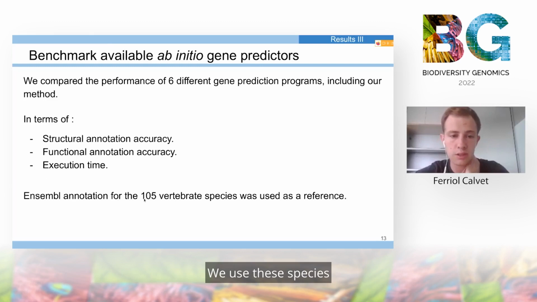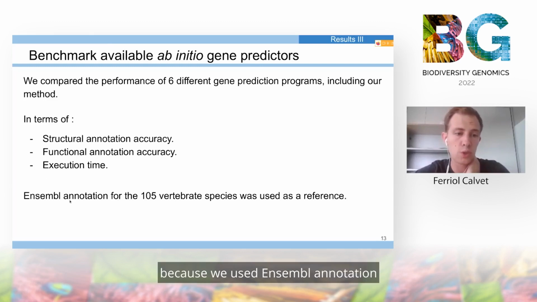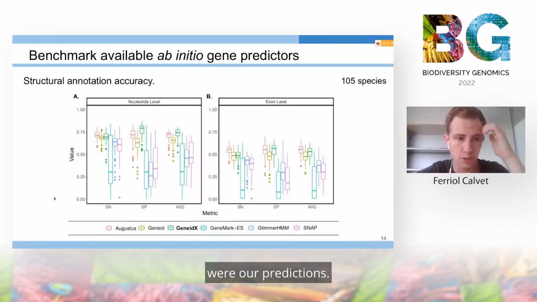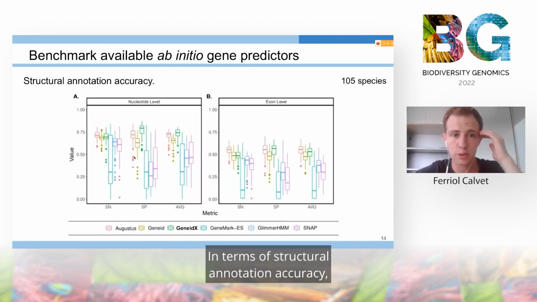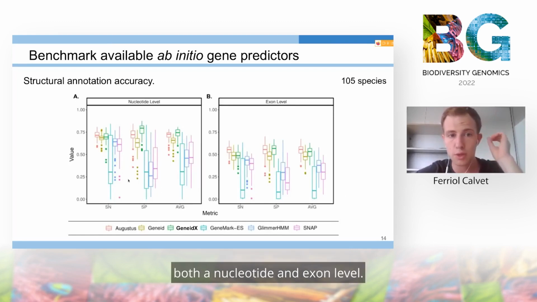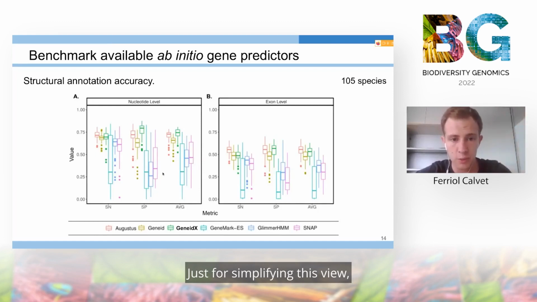We use these species because we used Ensembl annotation as a reference to measure how good or how bad our predictions were. In terms of structural annotation accuracy, we computed 2 metrics, sensitivity and specificity, both at nucleotide and exon level. Just for simplifying this view, we will focus on the average value here.